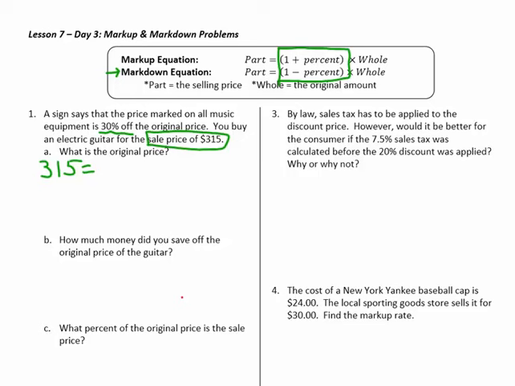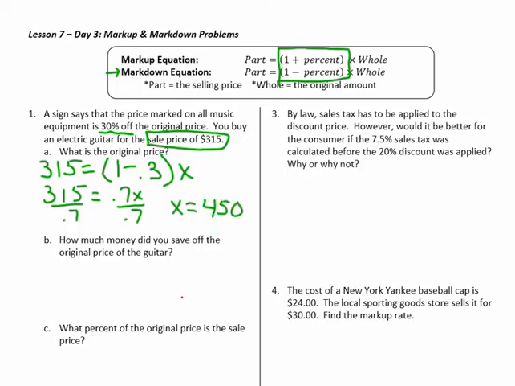Then I need to do 1 minus 0.3, 30% as a decimal, times my original. So 315 equals 0.7x. I'm going to divide both sides by 0.7. So x is going to give me $450. So the original price of that guitar was $450.